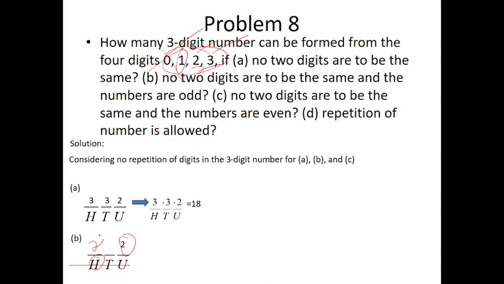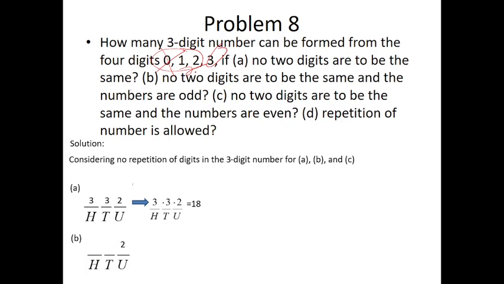If I selected 3 for the units place, I have 3 numbers left, 0, 1, and 2, but the hundreds digit cannot be 0, so again I have two options. Regardless of whether I select 1 or 3, this is consistent: two options.